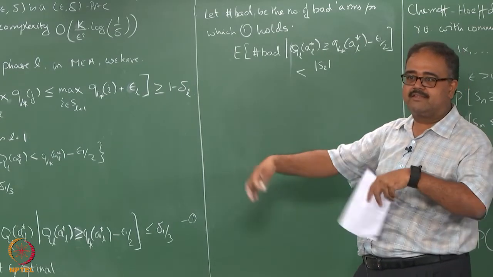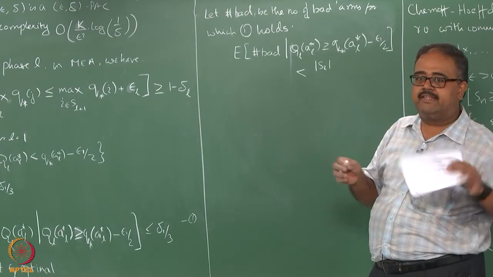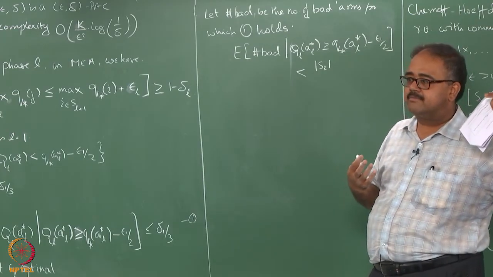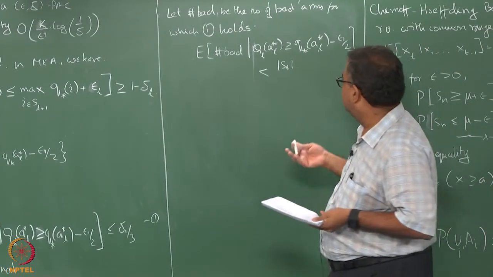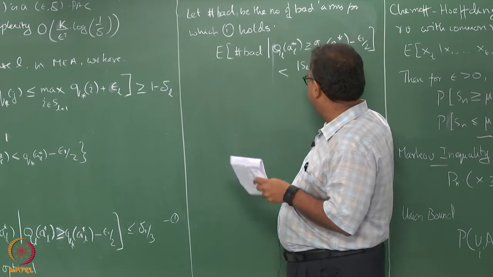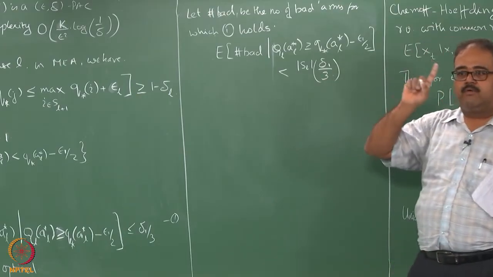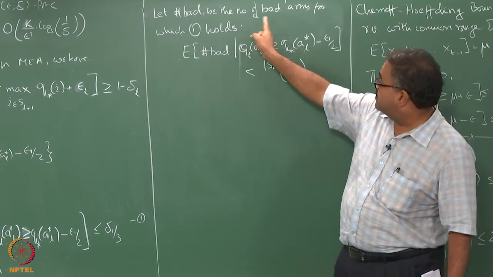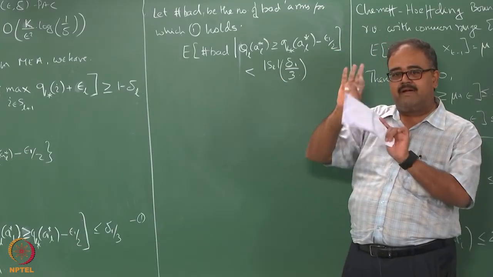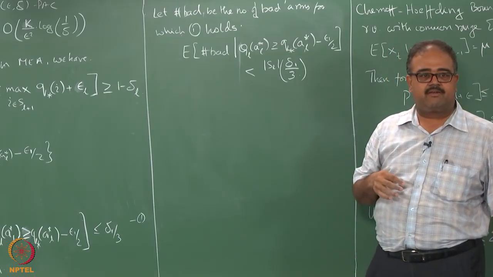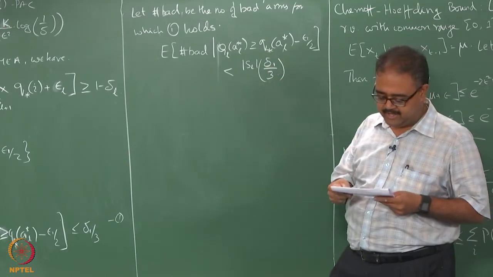And how many such experiments there actually are is mod SL minus 1, right? Potentially everything other than the best arm could be a bad arm. At maximum it is SL minus 1, and so it's SL minus 1 into delta 1 by 3. So that's the probability of one arm actually being bad, for which this first relation holds. There are SL minus 1, and I am just making it SL to make our life easier. So with SL such bad arms, the expected number of bad arms will be SL into delta 1 by 3.